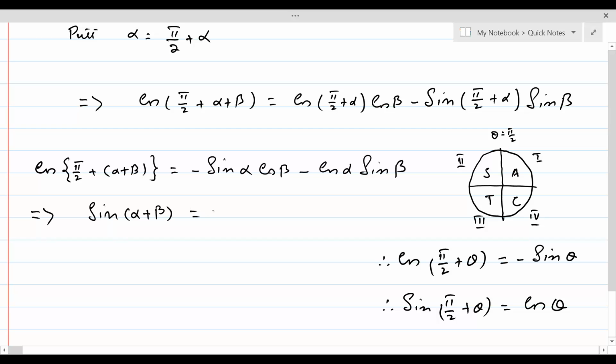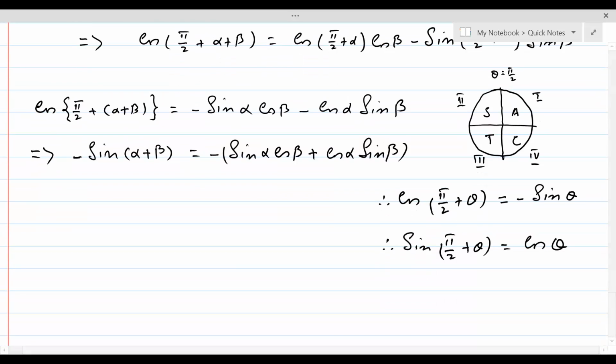This is equal to, and the value of cos in the second quadrant is negative, therefore we are going to place a negative sign here, is equal to minus sine of alpha cos beta, and if we take this minus common, this will become plus cos of alpha sine beta.